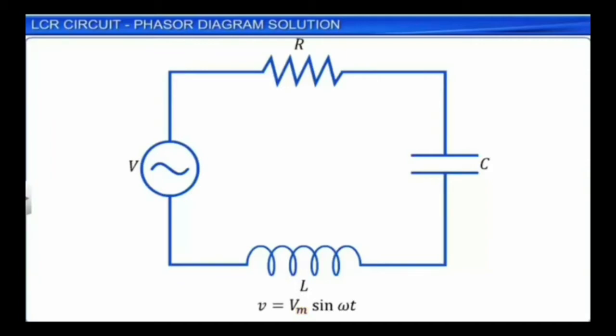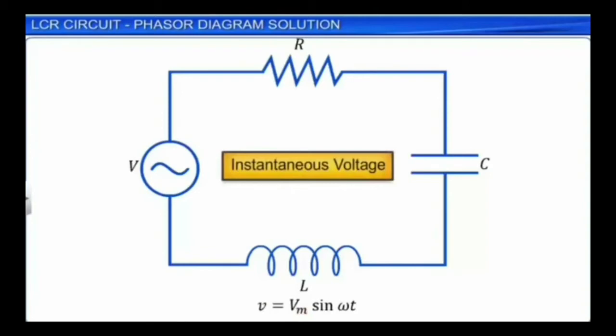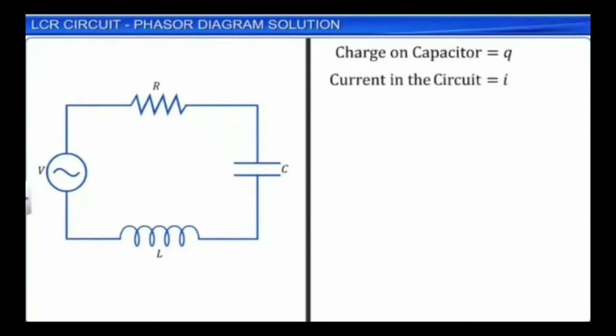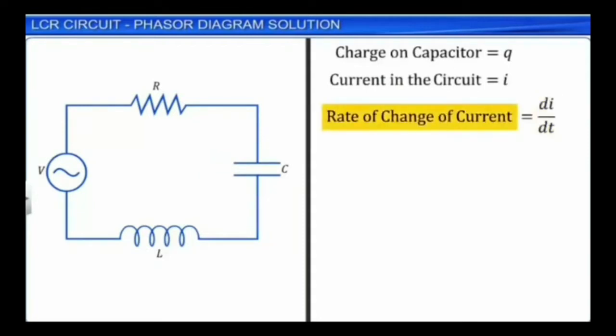So we have the instantaneous voltage V equal to Vm sin omega t applied to the series combination. Now we assume that at any instant of time, the charge on the capacitor is Q and current in the circuit is I, and the rate of change of current is di by dt.